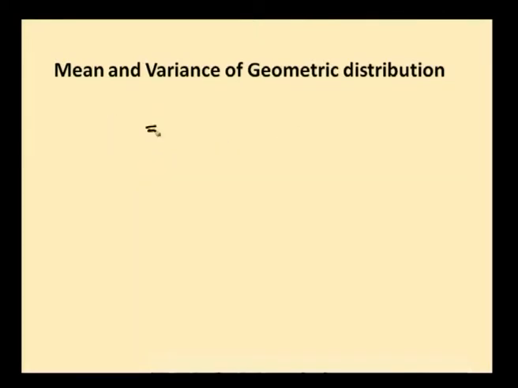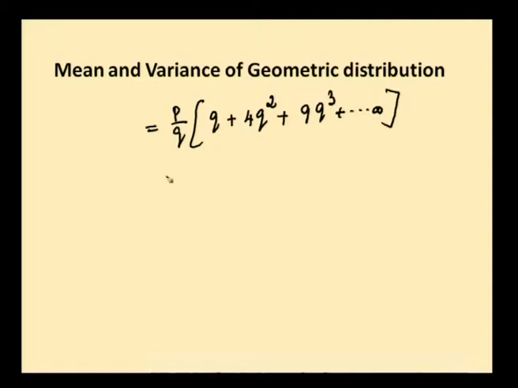What is that? When you expand the summation, p by q, 1 square into q power 1 plus 4 q power 2 plus 9 q cube etc. up to infinity. Okay.